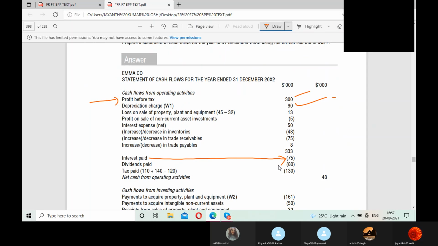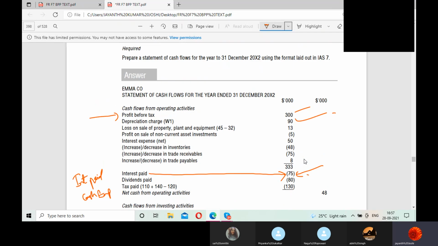Hello? Yes, sir. See, interest paid, you don't worry. I understood what your query is. You may be thinking why we didn't take it up. We will take it up also. But you know, interest paid is what? It's a cash expense, na? So for that reason, we will deduct it here. Okay. Now let's go up.